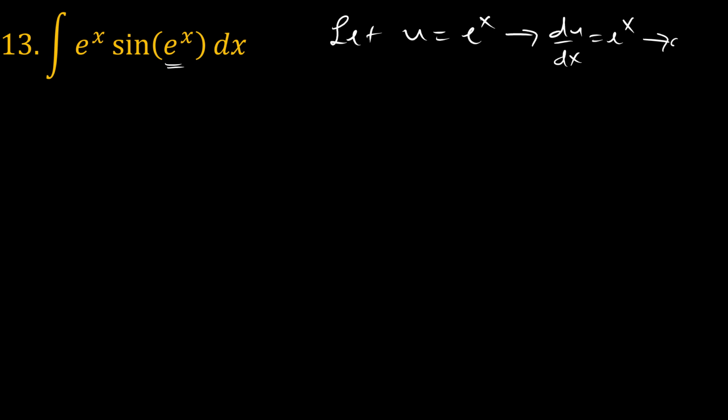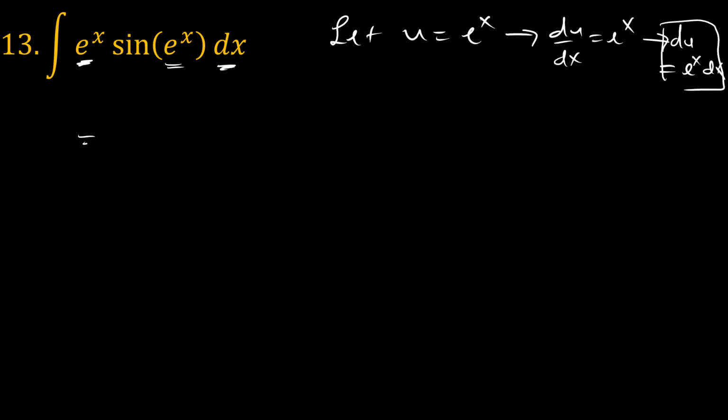indefinite integral of e to the x times sine of e to the x. I think the important part is substituting for e to the x, and we can just say let u be equal to e to the x, such that du/dx is equal to e to the x. So we can substitute du for e to the x dx. And so the product of these two parts can be substituted off.